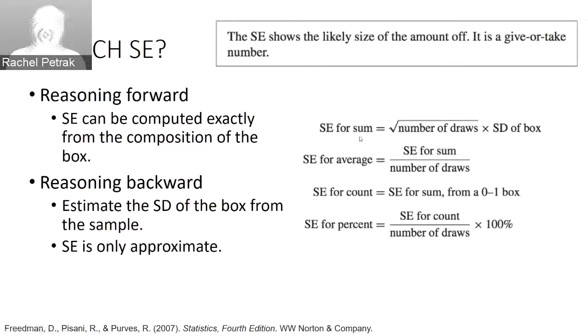The standard error for the sum, you're going to obtain en route to getting the standard error for the average. We'll also use the standard error for the sum when we get the standard error for the count. And so we really end up using these standard errors in different forms and sometimes embedded in each other.